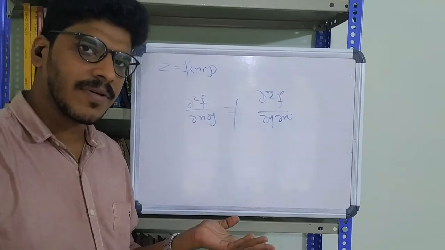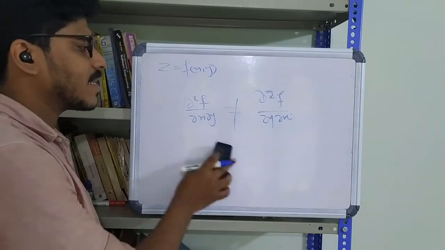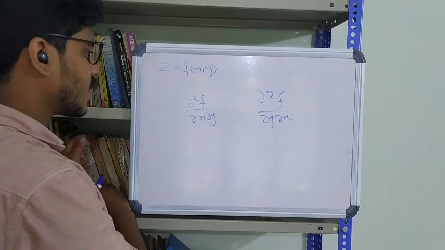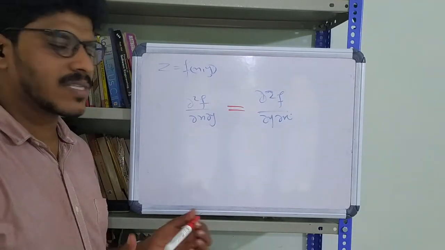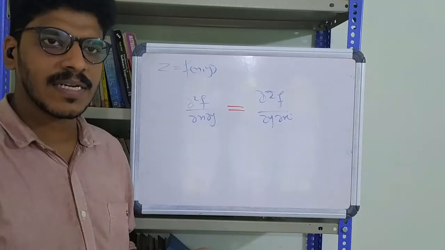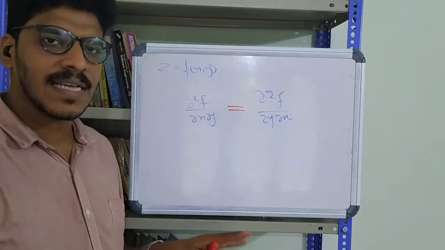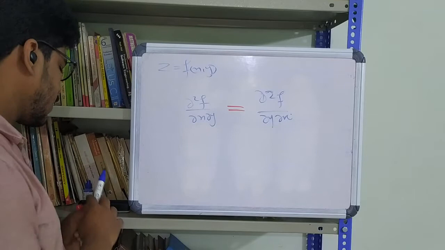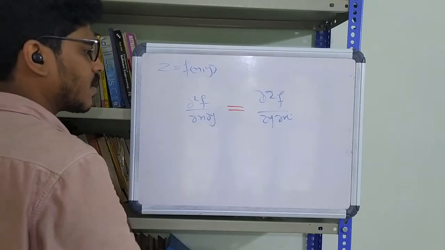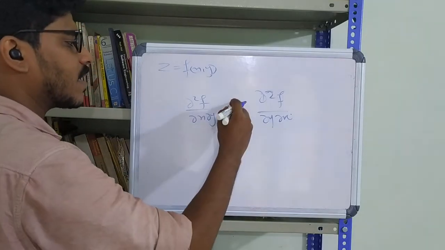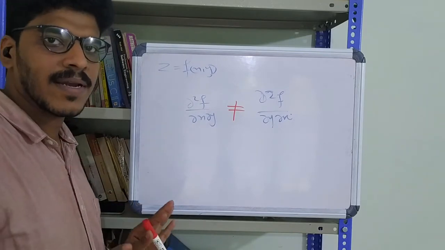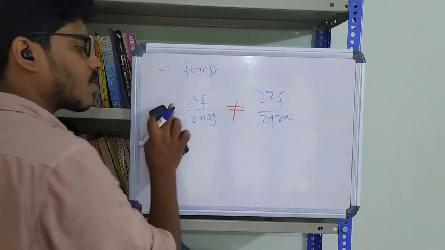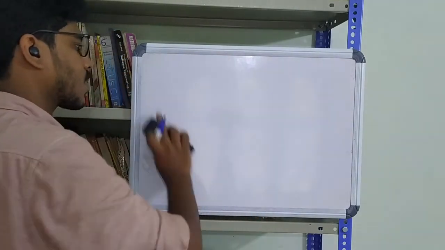Generally, they need not be equal, but there are cases where they happen to be equal, like the situation where we have continuous second order partial derivatives. We will discuss that soon in the course. So for now, remember that dou square f by dou x dou y and dou square f by dou y dou x need not always be equal. Okay, so the order matters.